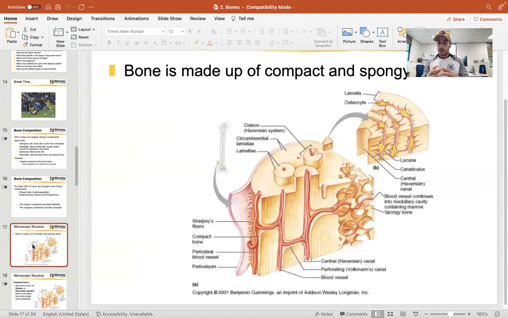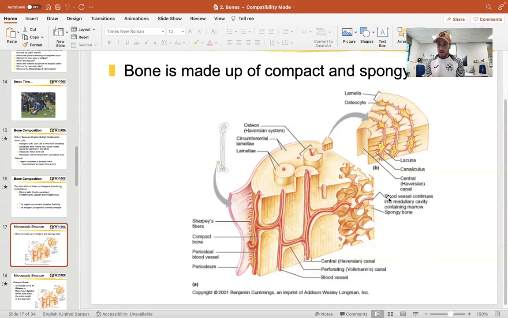Okay, so when we're looking at that microscopic view of the pillar, those osteocytes that sit in between the lamella are already formed mature bone cells. So it's the strongest part of the bone, these osteons, right? The Haversian system, and they run out.